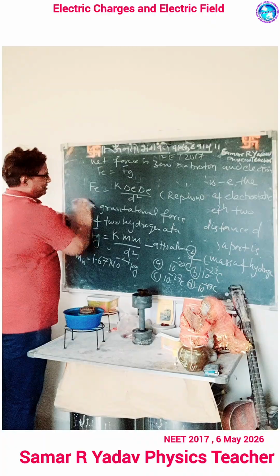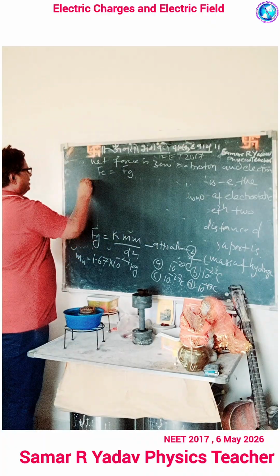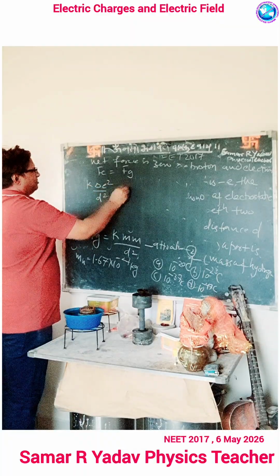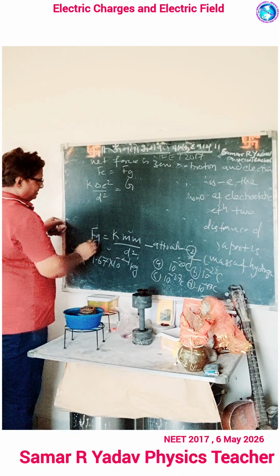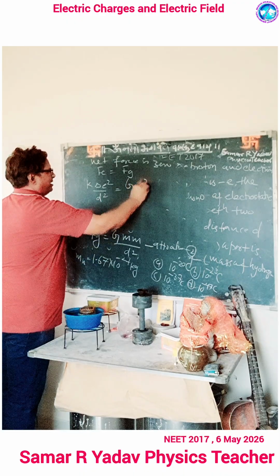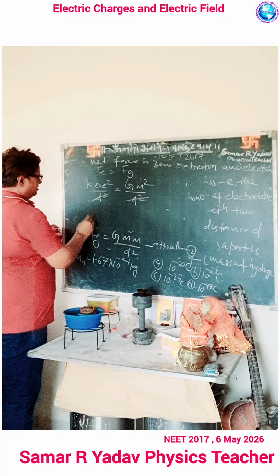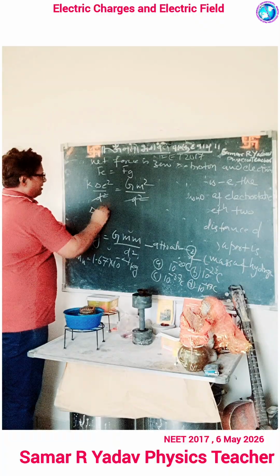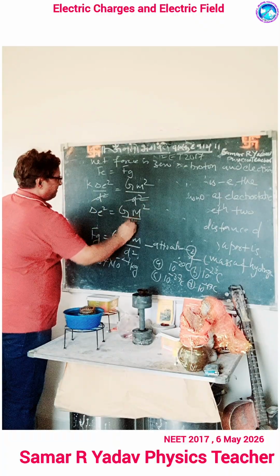Now keeping the value here, K into delta E square upon d square is equal to G into M square upon d square. The d square will cancel. So finally you can get here delta E square is equal to G M square upon K.